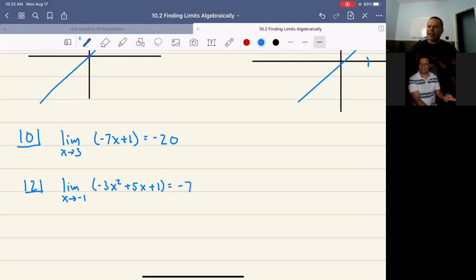Let's contrast that with 12 prime. Let's take the limit as x approaches negative 1 of negative 3 square root of x plus 5x plus 1. We're going to change that x squared to a square root, and here this limit does not exist.